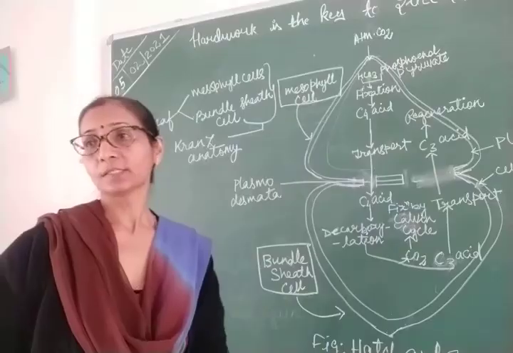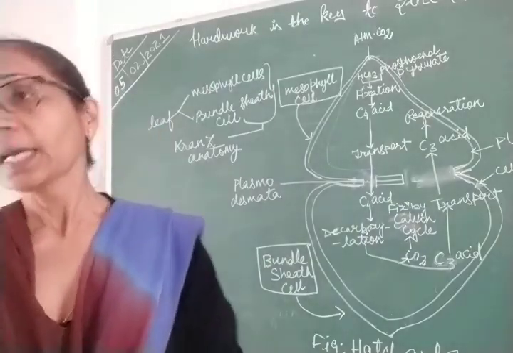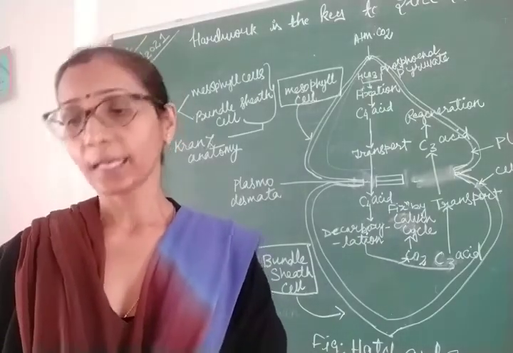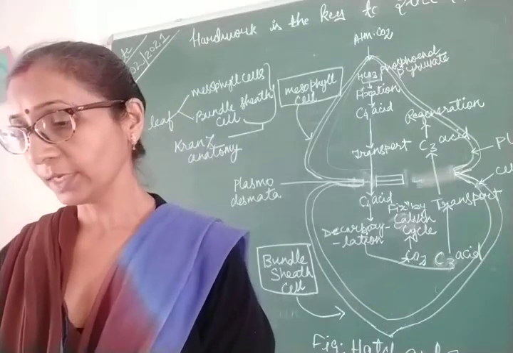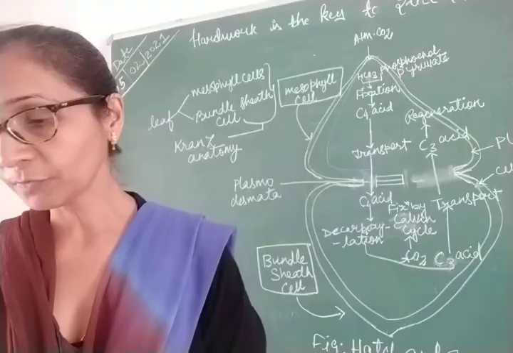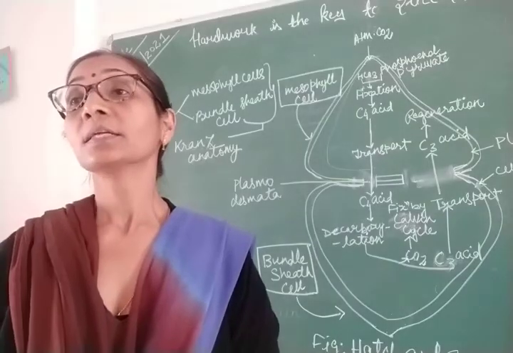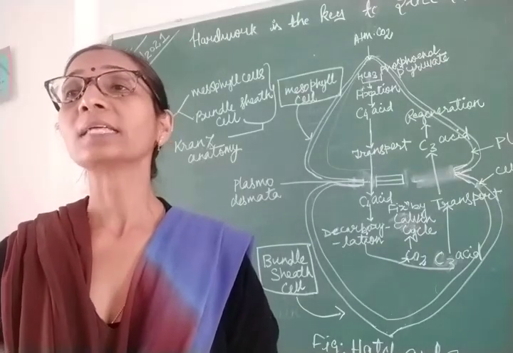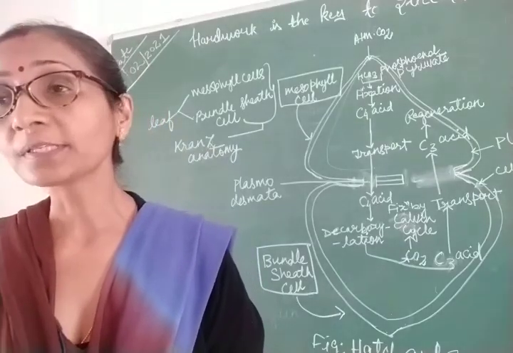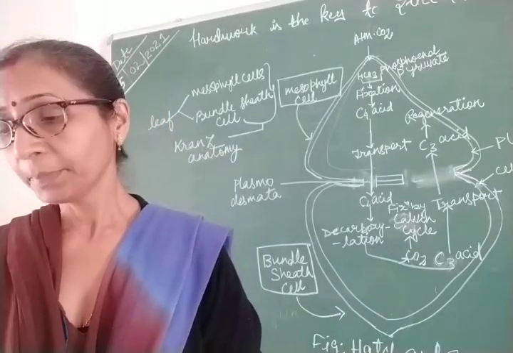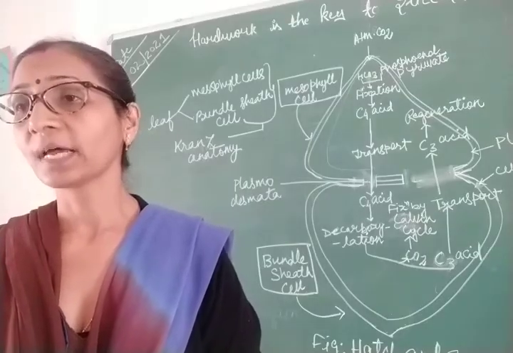During the C4 pathway, carbon dioxide is taken up and phosphoenol pyruvate, present in the mesophyll cells, gets changed to oxaloacetic acid, that is OAA, in the presence of the enzyme PEP carboxylase.